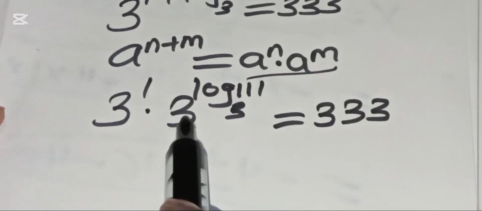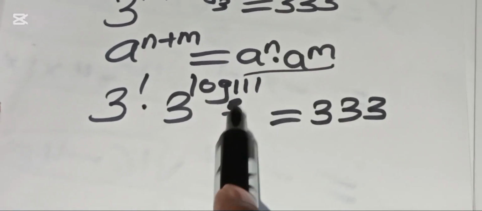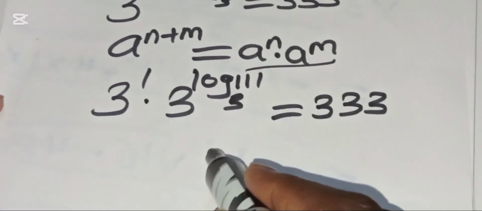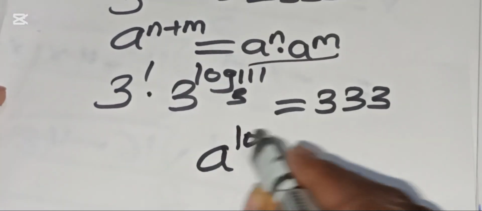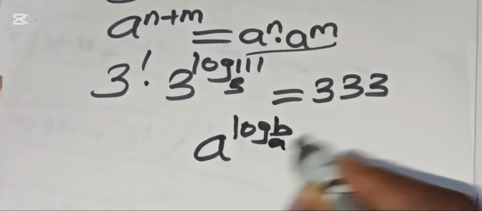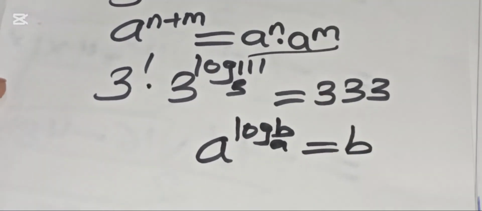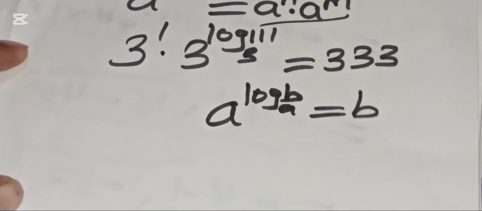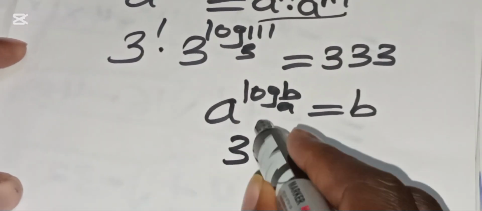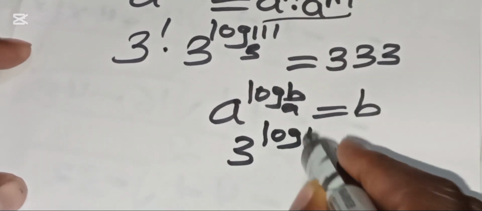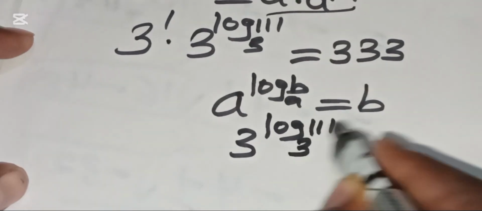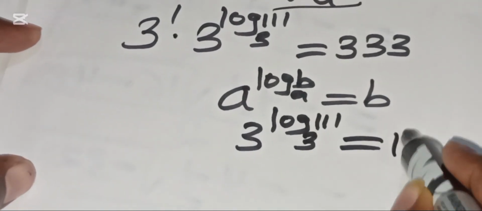But 3 raised to power log 111 to base 3 is in the form of a raised to power log b to base a, which is essentially equal to b. So 3 raised to power log 111 to base 3 is the same thing as 111.